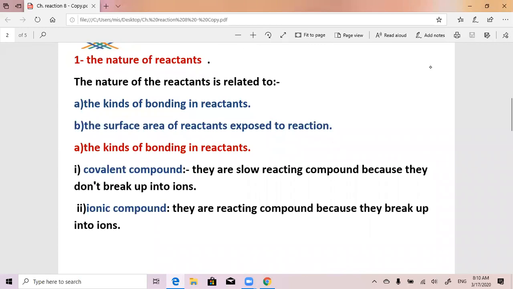Now listen to me. The kind of bonding in chemical reaction, covalent bond. Covalent compounds, when they enter in chemical reaction, are slow reacting compounds because they don't break up into ions. So why? Again, I give reason.